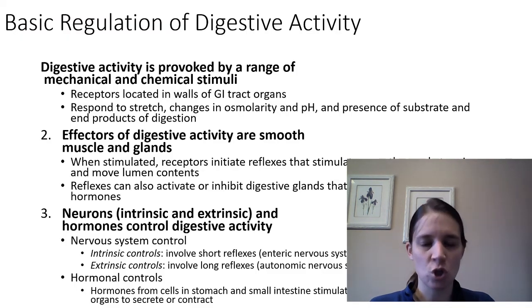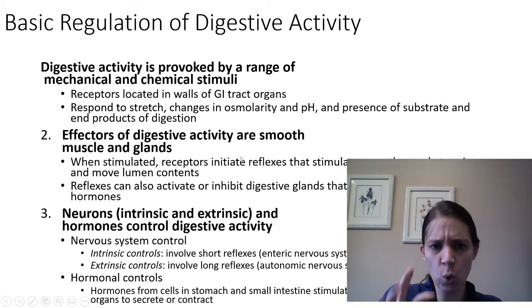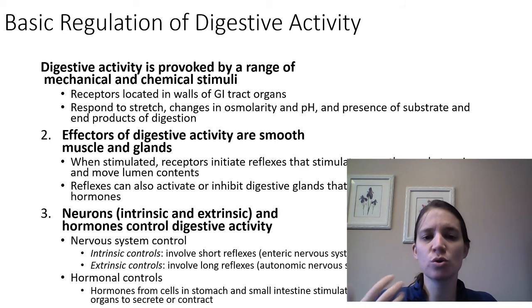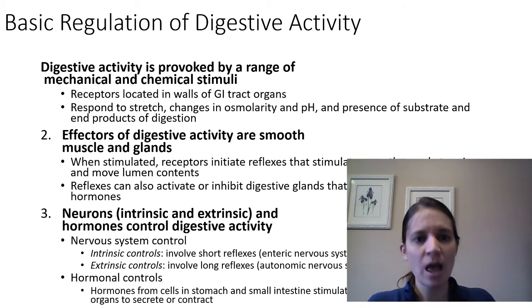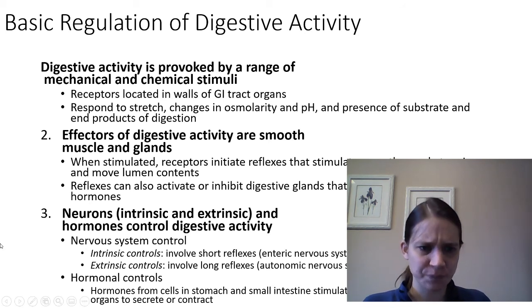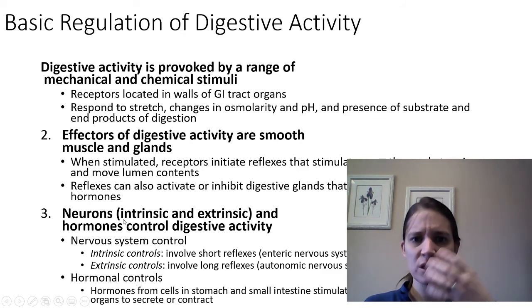Okay. So, overall, this is the take-home message of this last little bit: if you're going to control digestive activity, you control it by a whole bunch of both mechanical, like physical, as well as chemical stimuli. So, you've got receptors that are located throughout the GI system.